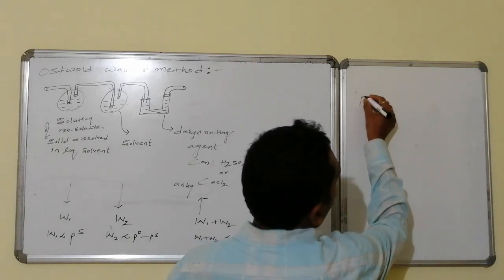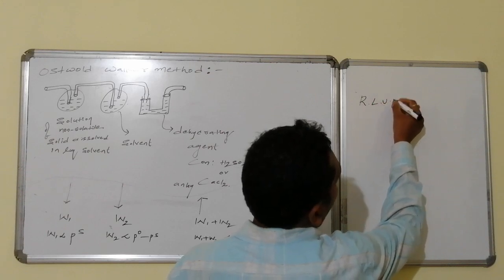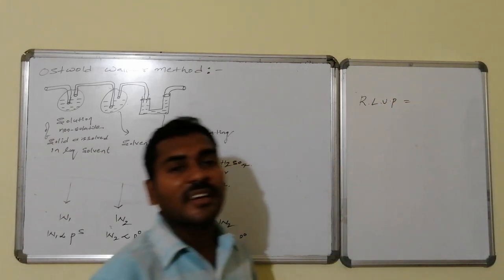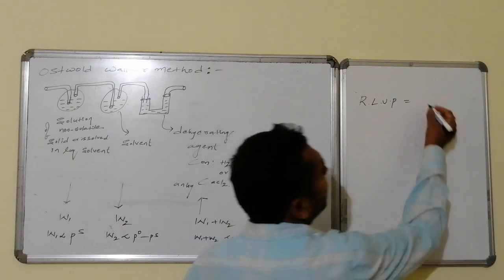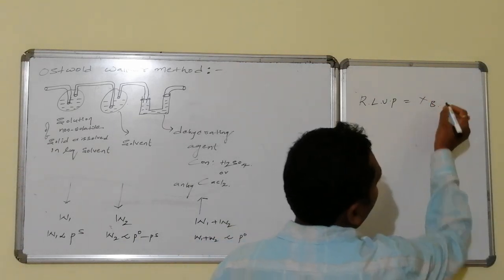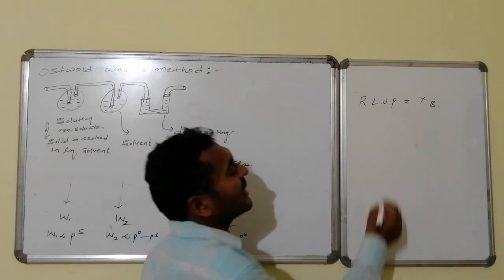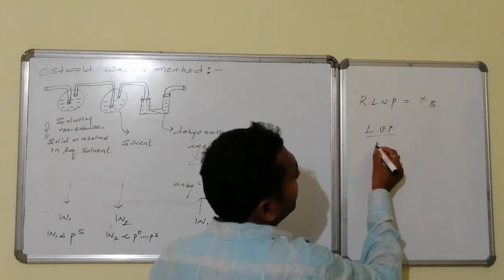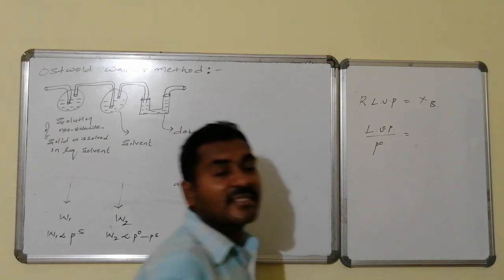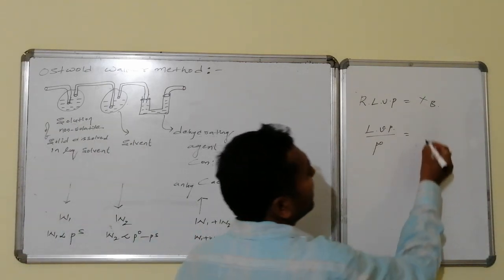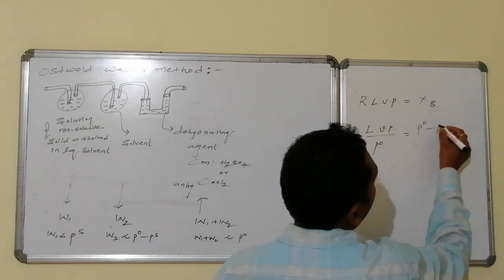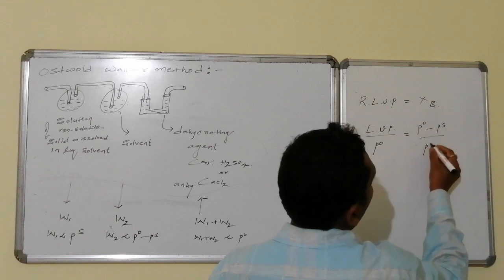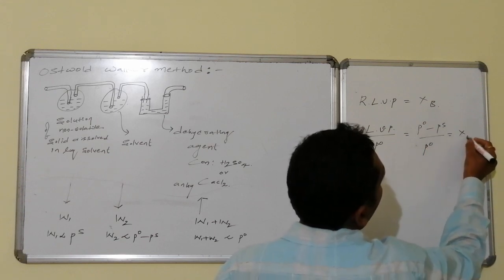Relative lowering in vapor pressure, RLVP, will be equal to what? Mole fraction of solute, XB. This RLVP is given by lowering in vapor pressure divided by the pure vapor pressure of the solvent. So we have P0 minus Ps divided by P0, which becomes equal to Xb.